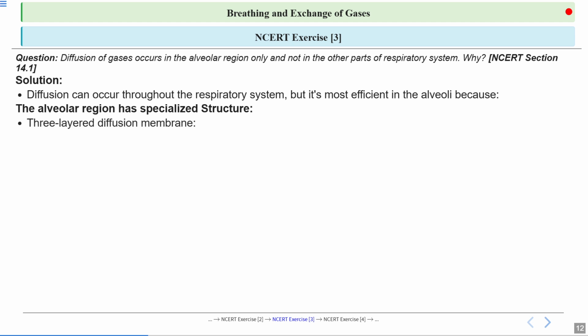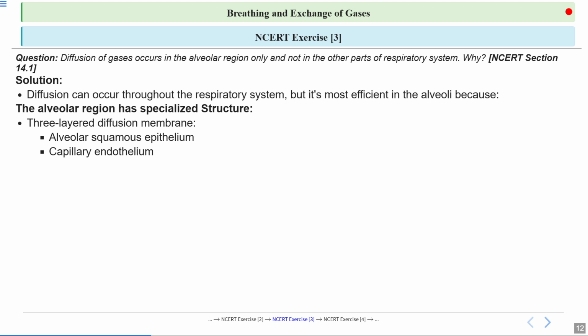A 3-layered diffusion membrane. The very first layer is the alveolar squamous epithelium. The wall of the alveoli is made up of a squamous epithelium layer, a very flat, thin, membranous layer. Then the capillary endothelium.